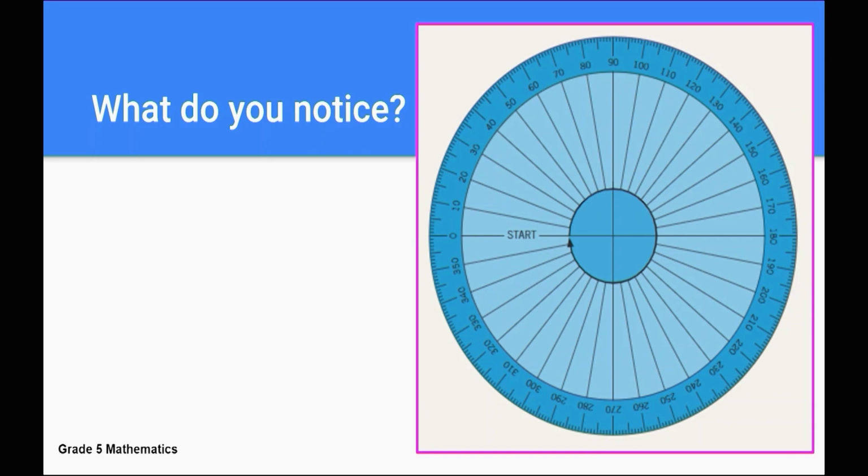What do you notice? What are you wondering about? One full turn around a point can be divided into 360 parts.